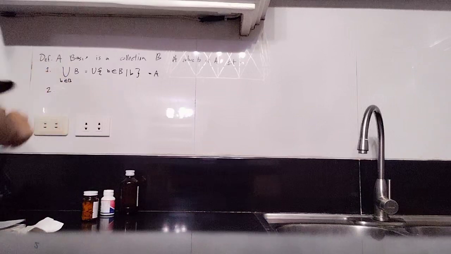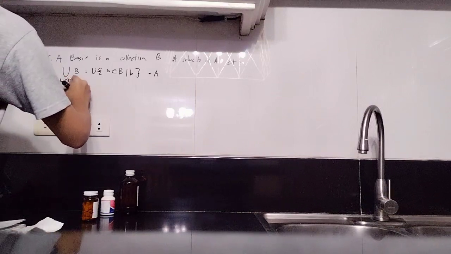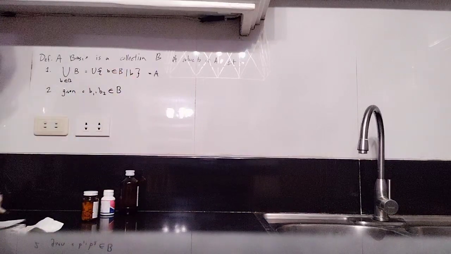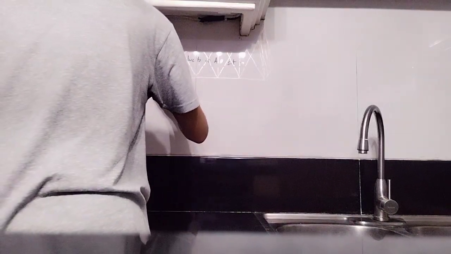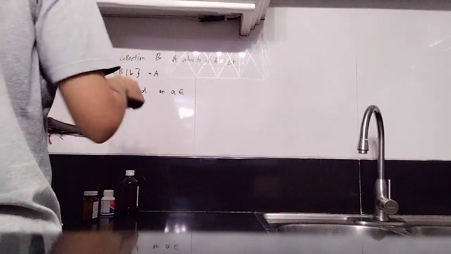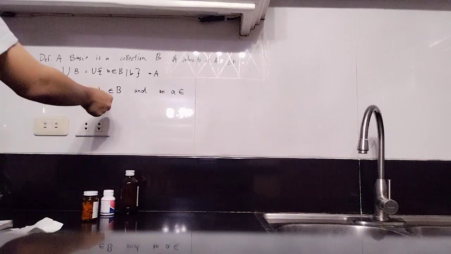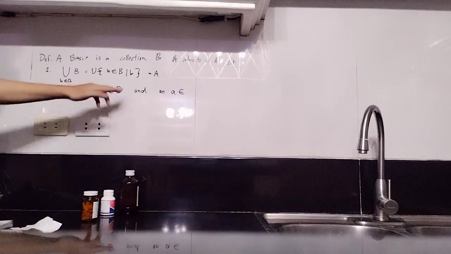Okay, so the second condition is that given two basis elements, so given a B1 and B2 inside big B, and an A that's inside, since these guys are sets, I'm not using the subset notation here, because right now we're dealing with the most elementary of notions.